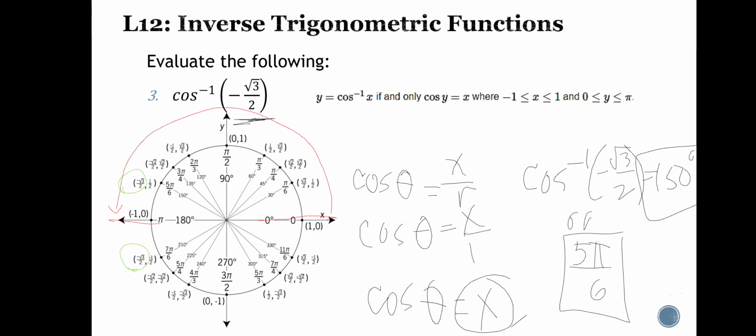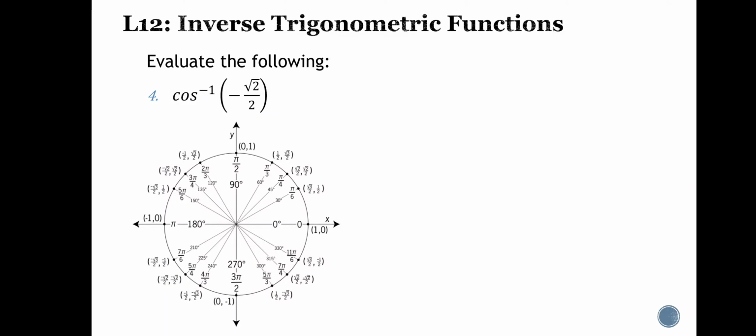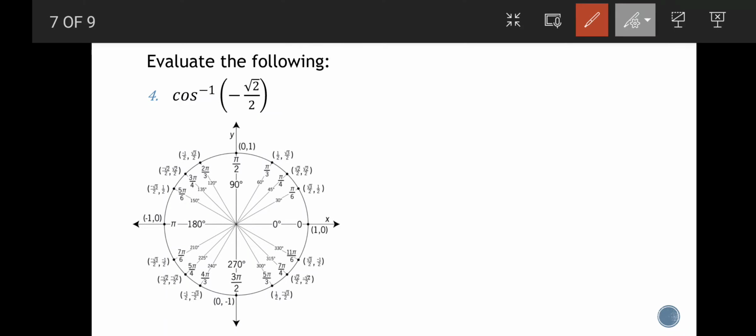Okay, next example. We have arc cosine of negative square root of 2 over 2. Again, we will look for the x coordinate which has a value of negative square root of 2 over 2. We have 225 degrees, that's negative square root of 2 over 2.